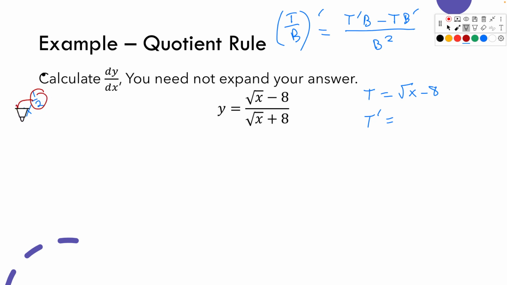So the 1/2 comes down, and we're going to subtract 1 from it, but the way I subtract 1 is I subtract 2 over 2. 2 divided by 2 is 1. 1/2 minus 2/2 is negative 1/2. We'll oftentimes see this rewritten as 1 over 2 square root of x.